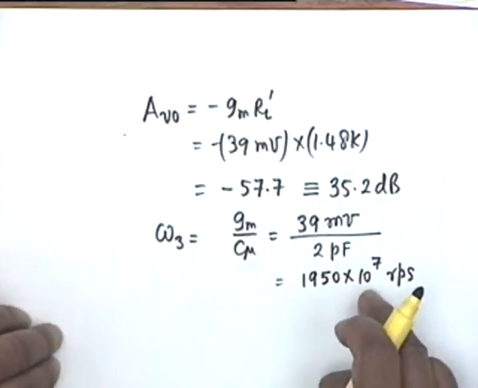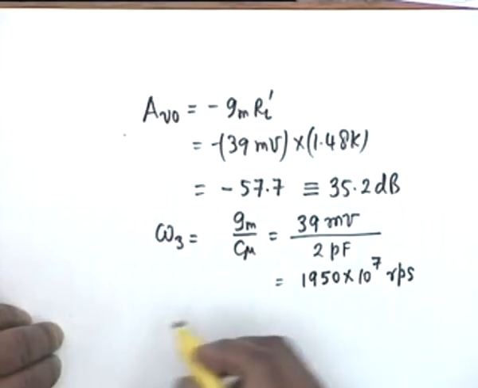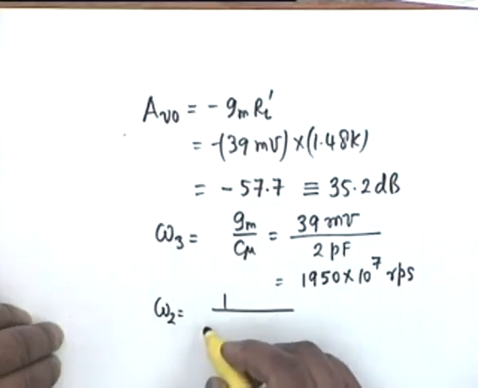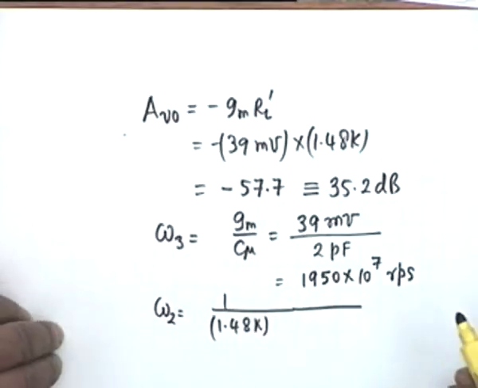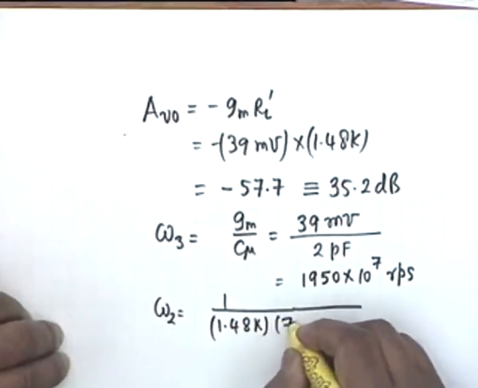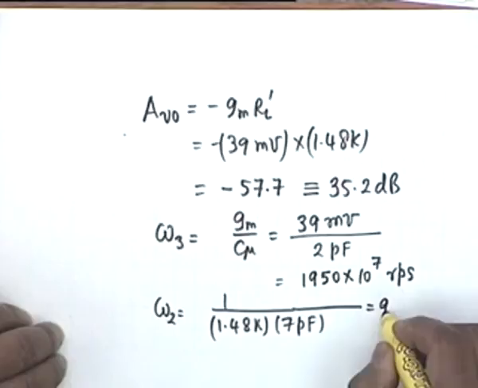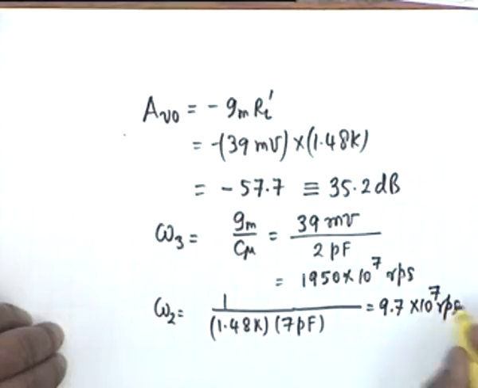There is a reason why I have expressed it as 1950. And omega 2, which is equal to 1 over RL prime, which is 1.48 K, multiplied by C pi plus C mu, which is 7 pF, and this calculates out to 9.7 times 10 to the 7 radians per second.